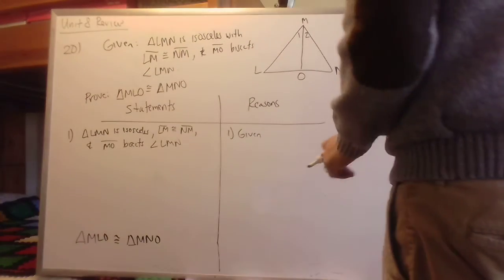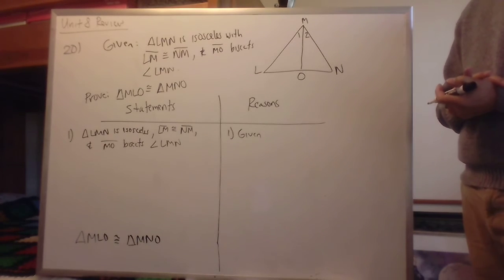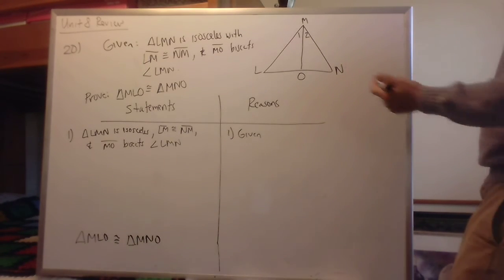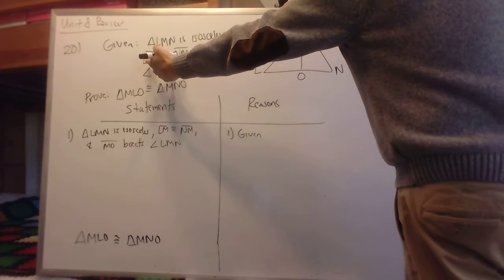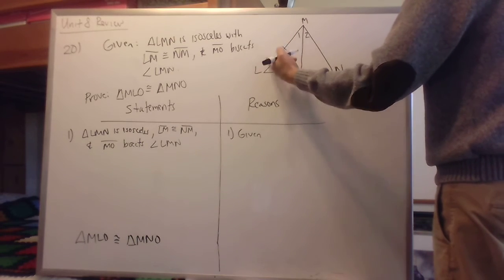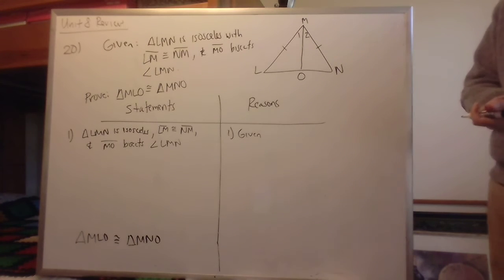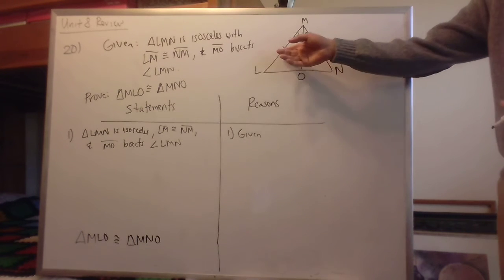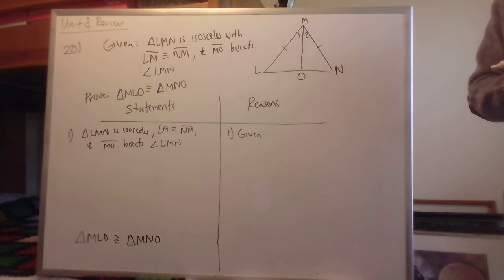So now I'm going to go to this triangles diagram and look at exactly what was given. So we know that triangle LMN is isosceles, and it says that LM is congruent to MN. That's what isosceles means. Isosceles means that we have two sides of the triangle that are congruent, or the same length.